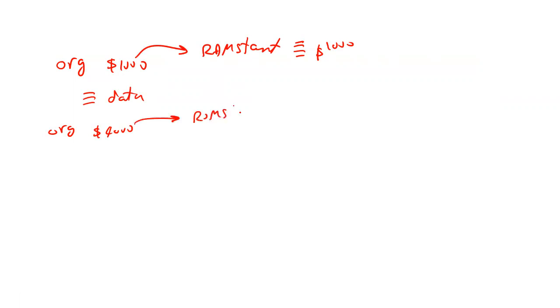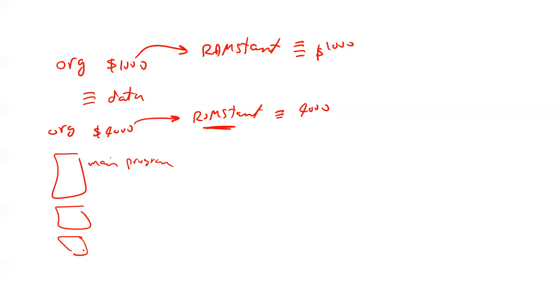In the code, you put romstart, and romstart is defined in the file as 4000. Then you put your program here. As I explained last time, you put the main program first, and then you put the subroutines. This is how your program should look.